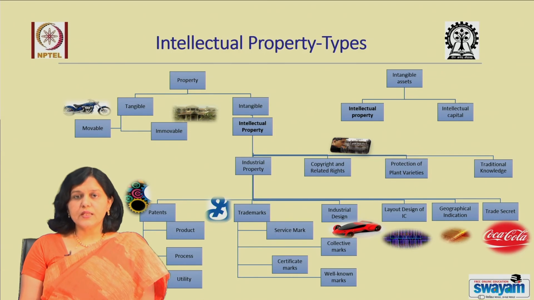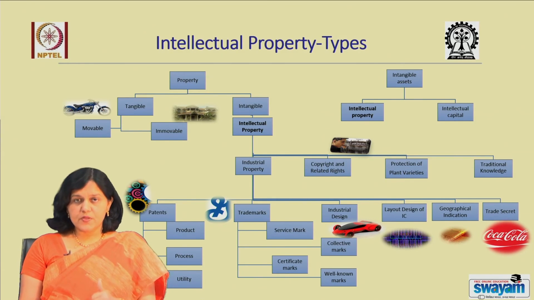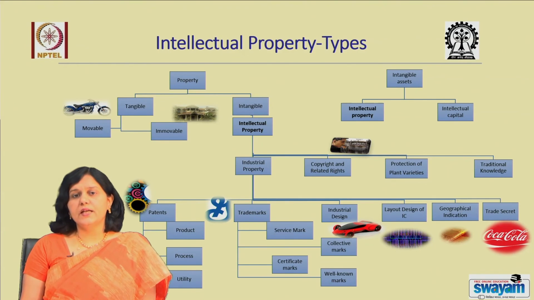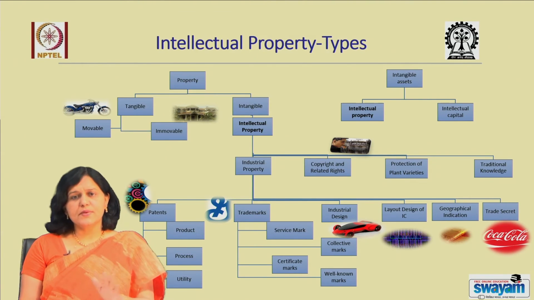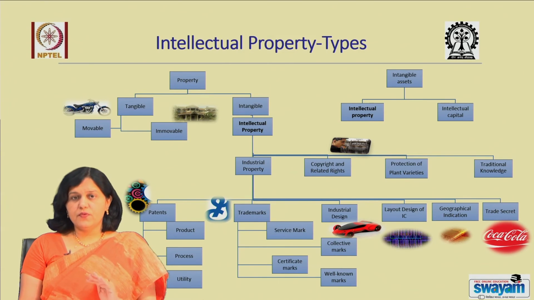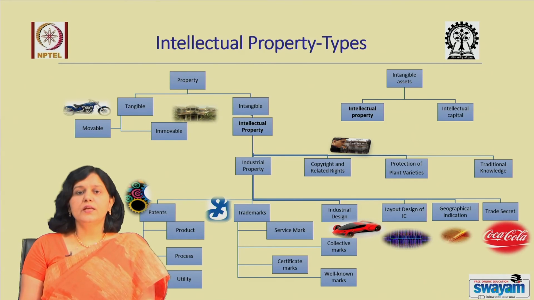So, these are the various types of IP. There are 8 types of IP. With reference to traditional knowledge, some research scholars consider it a separate domain, some consider it under IP. So, we will focus on the classification as shared here: intellectual property is classified into two, industrial property and copyright and its related rights, that is one classification.